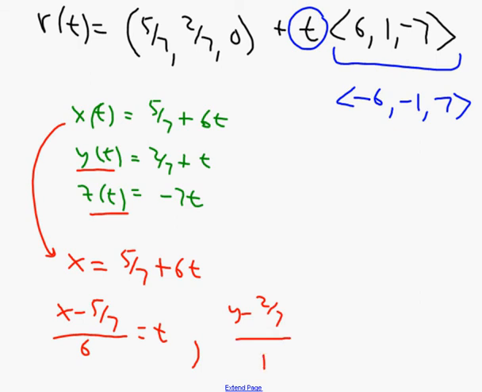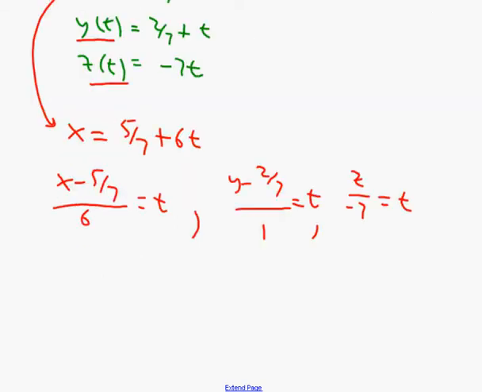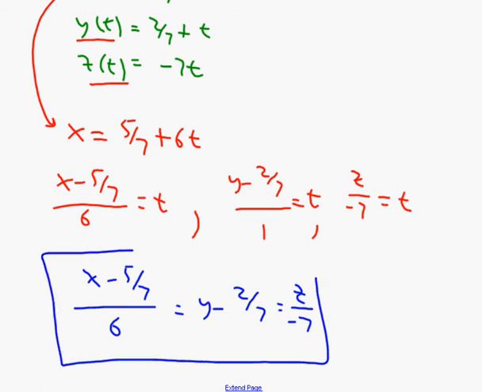I don't need to write over 1, but I'll just show that. And then the last one is just z over -7 equals t. Since all three of these expressions equal t, they equal each other, so you can write this down: (x minus 5/7) over 6 equals y minus 2/7 equals z over -7. And that's the symmetric equation of a line.